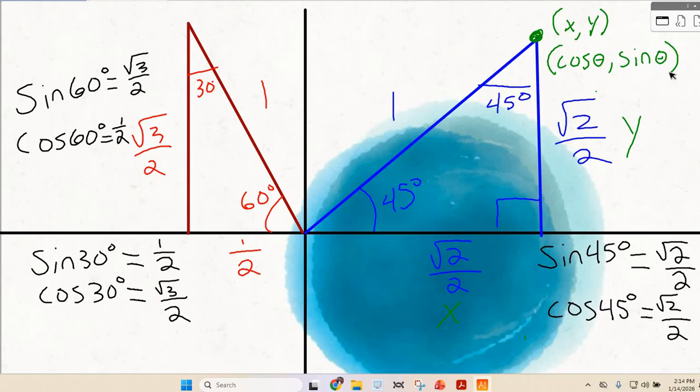That throws people off a lot because usually when we talk about our trig functions, we always say sine, cosine, tangent. So in our minds we want the sine to come first. One way to help you remember it is that X and Y have to be in alphabetical order. So do our cosine and our sine.